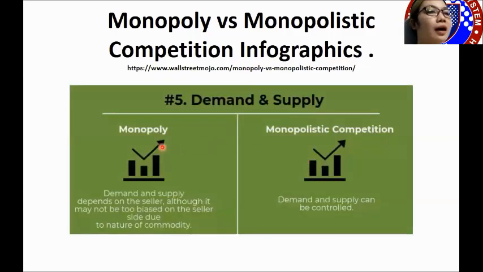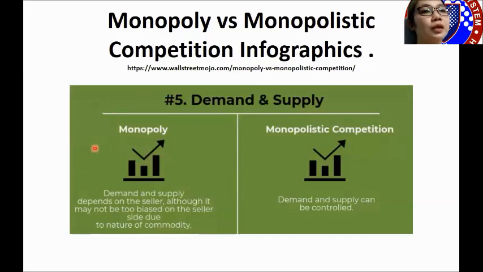Okay, then next we have demand and supply. In monopoly, the demand and supply depends on the seller, although it may not be too biased on the seller side due to the nature of the commodity.